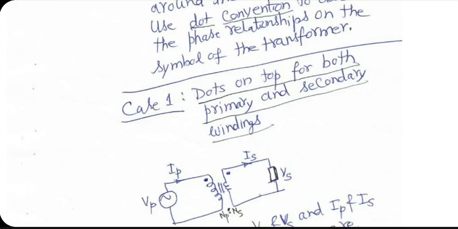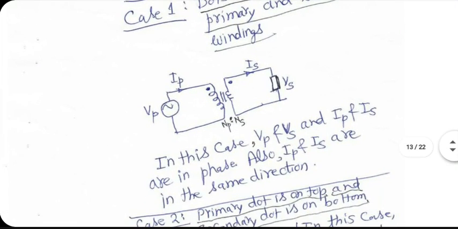Dots on top for both primary and secondary windings: in this case, VP and VS and IP and IS are in phase. Also, IP and IS are in the same direction. IP is flowing in, IS is coming out. This is the way it should be.